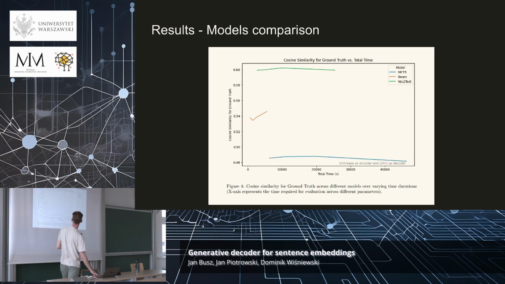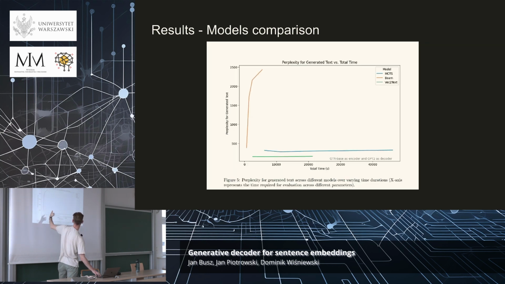And now we have the models comparison. The green one is vec2text, the orange one is BEAM, the blue one is MCTS, and we see that cosine similarity is the lowest for MCTS and the highest for vec2text. We see perplexity.